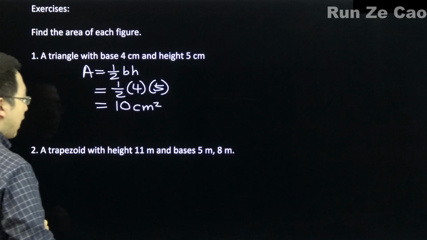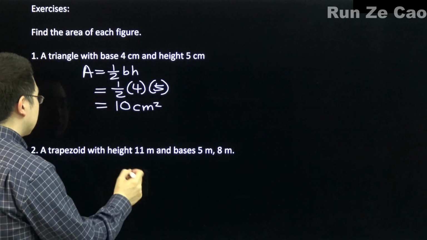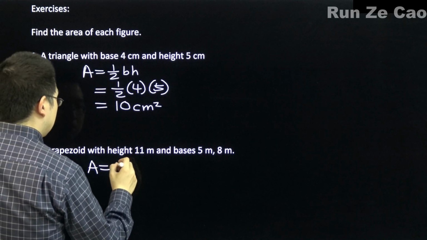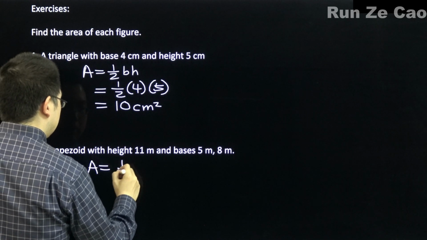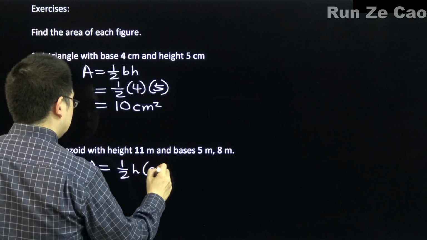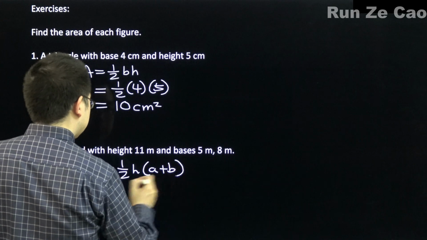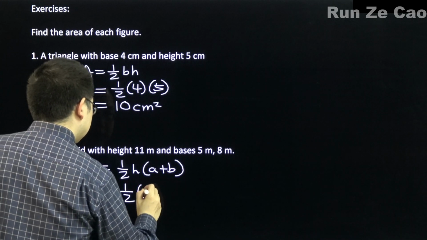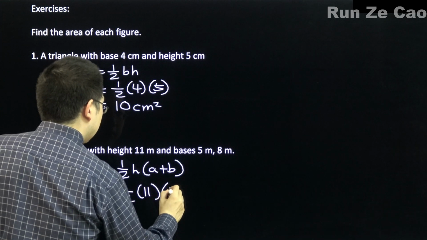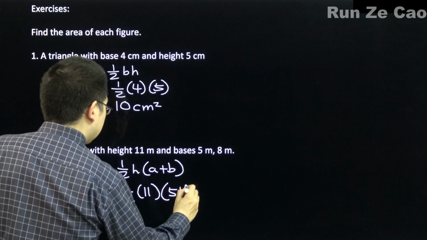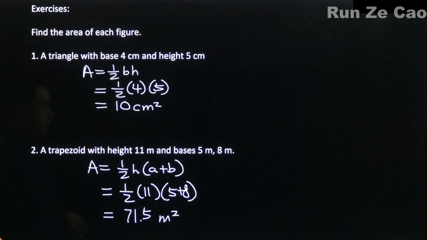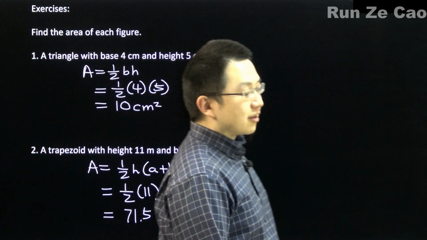So a trapezoid with height 11 meters and bases 5 meters and 8 meters, area is equal to 1/2 height times A plus B, so the two bases. And that's going to be 1/2 times 11 times 5 plus 8. The units here are meters squared, or square meters.